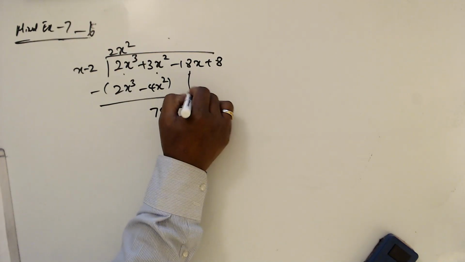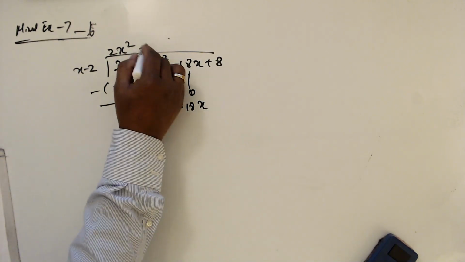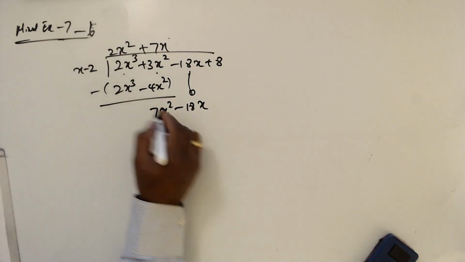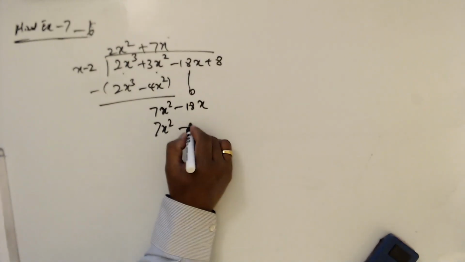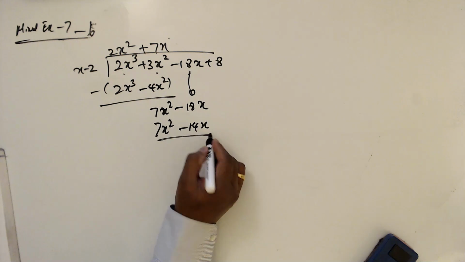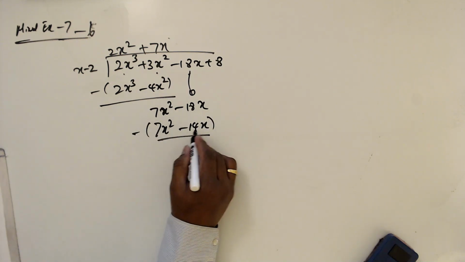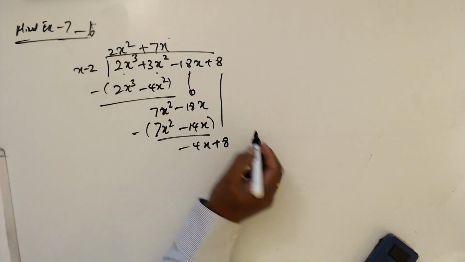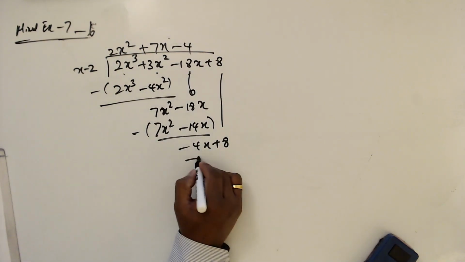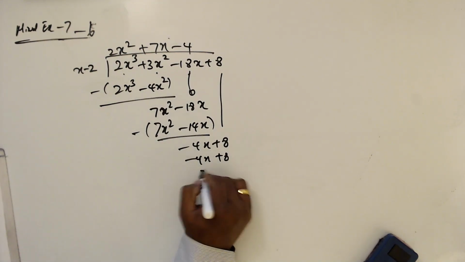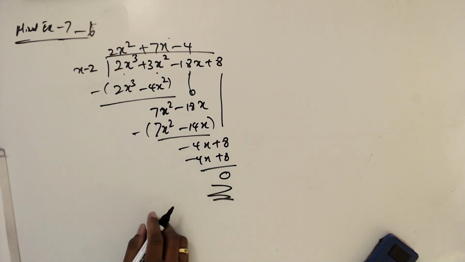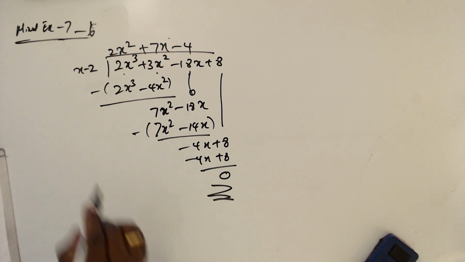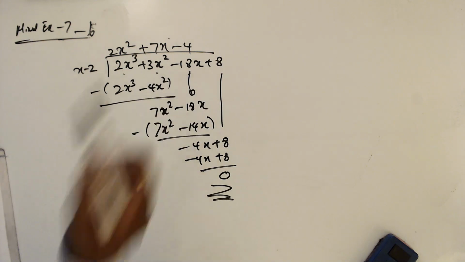I bring this one down, 18x, and then this is plus 7x. So 7x square minus 14x. When minus this one, this is going to be minus 4x. I'll bring this one down. This is going to be minus 4x plus 8 equal 0. Now a equal to 2, b equal 7, c equal minus 4.